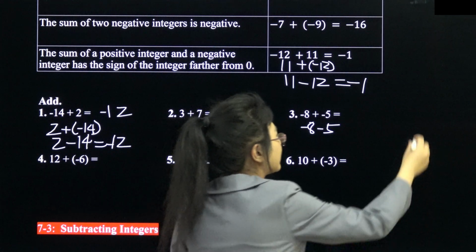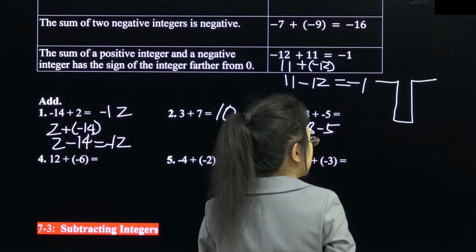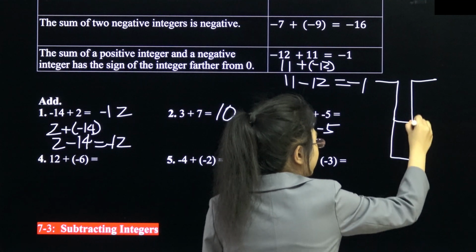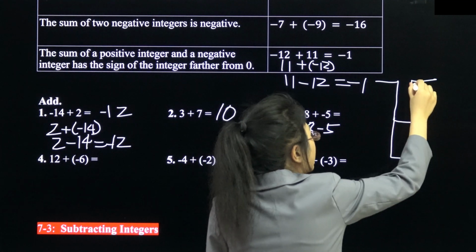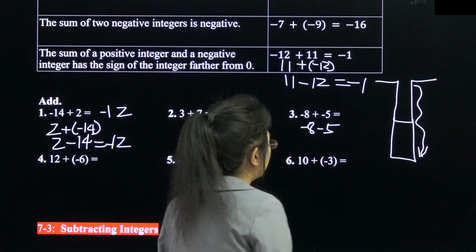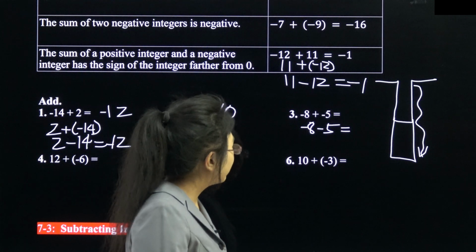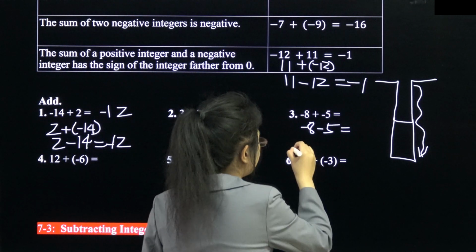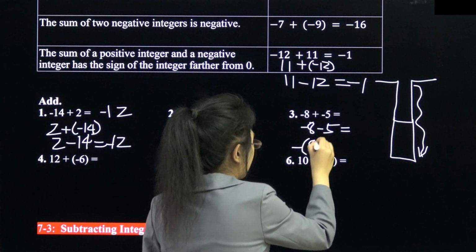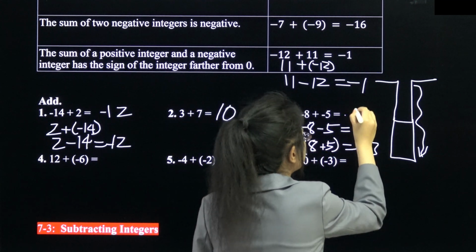Well, think of it as you have dug yourself a hole and you keep digging. You will only get deeper. So it gets more negative. Negative 8 minus 5 is negative sign 8 plus 5, which is negative 13.